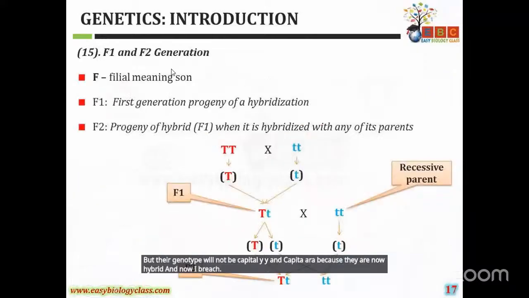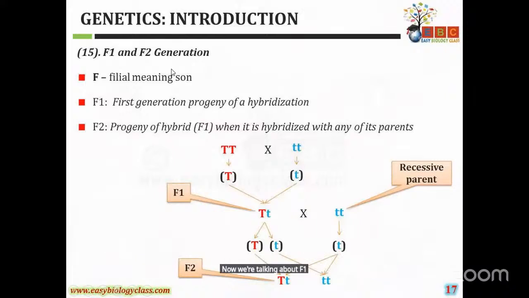Now we talk about F1 and F2 generation. F simply means Filial. Filial meaning son. So F1 are the sons and daughters of the parents.